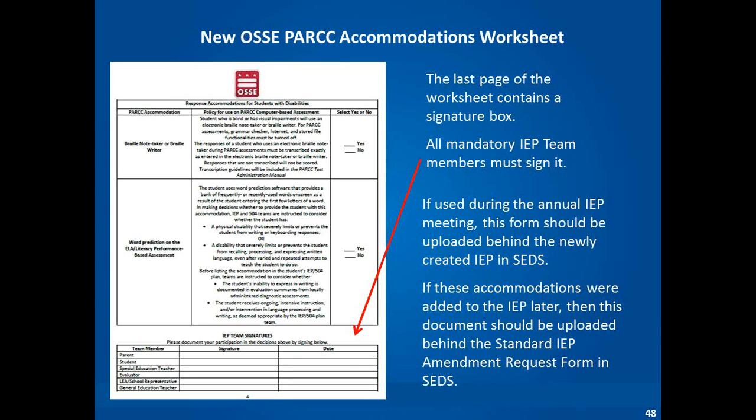That will ensure that it is now technically considered part of the IEP. Because the rules for PARCC say that if you're going to give an accommodation for PARCC, it has to be documented on the IEP, and because you're not able to physically document it on the IEP in SEDS, if you document it on this worksheet, and sign it and fax it in with the rest of the IEP, it is now officially considered part of the IEP.